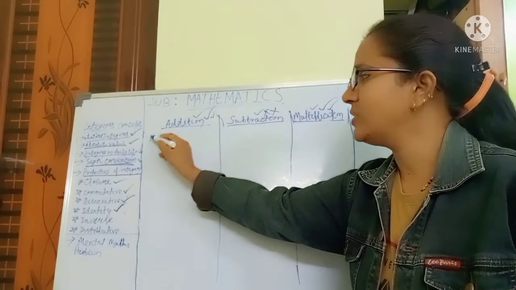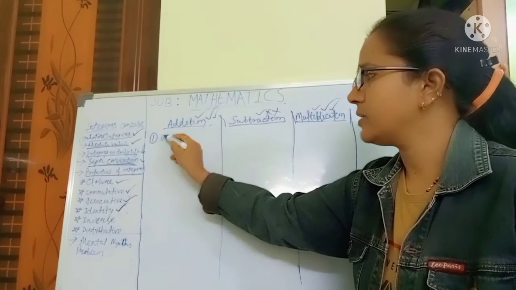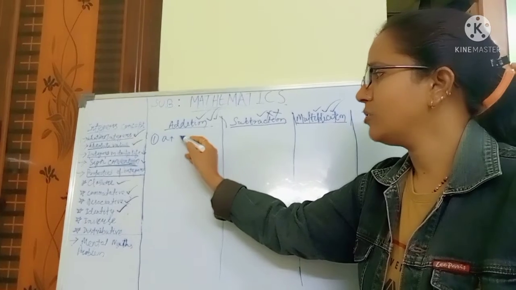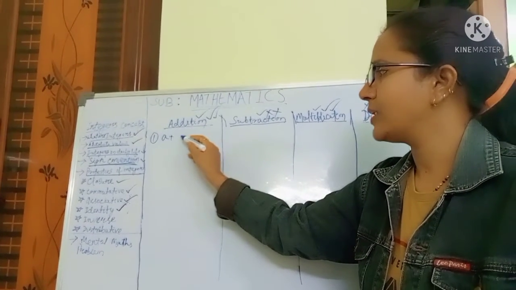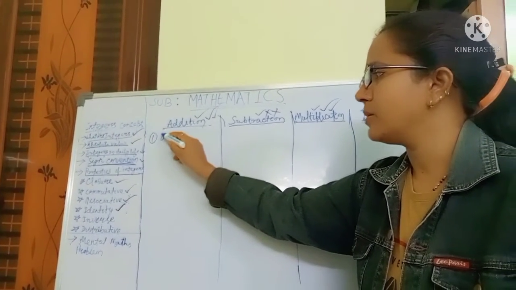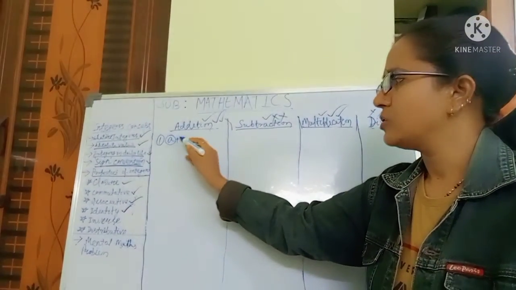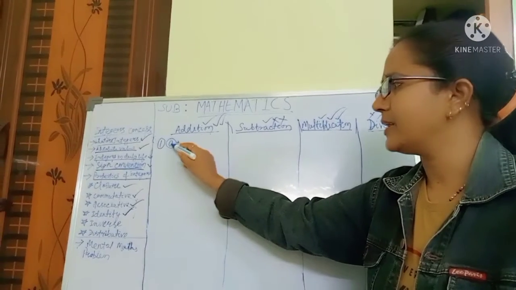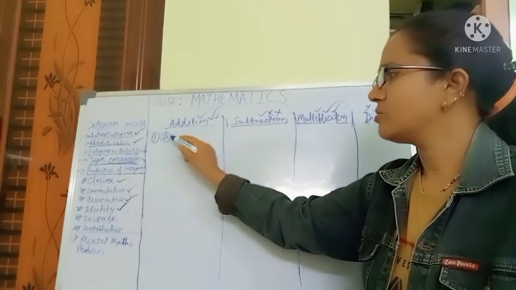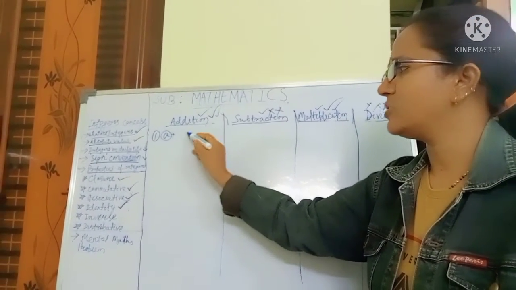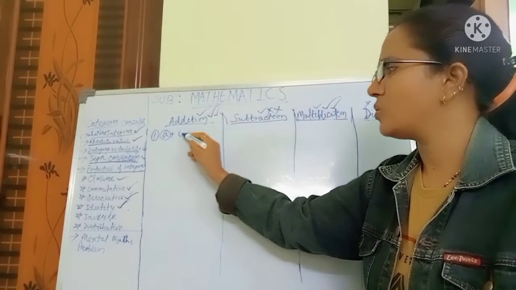For addition, we'll check. If a is a number, what can we add so that we get the same number? The face value of this a is a. So what number will we add so that this face value does not change? That is 0.